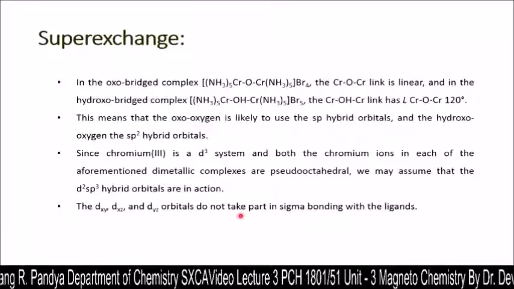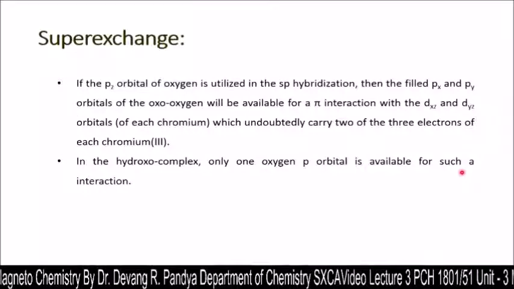Then the filled px and py orbitals of the oxo-oxygen will be available for a pi interaction with the dxz and dyz orbitals of each chromium, which undoubtedly carry 2 of the 3 electrons of each chromium(III) metal ion. In the hydroxo complex, only one oxygen p orbital is available for such an interaction. Thus, expectedly, the superexchange interaction will be more effective in the oxo complex than in the hydroxo complex.